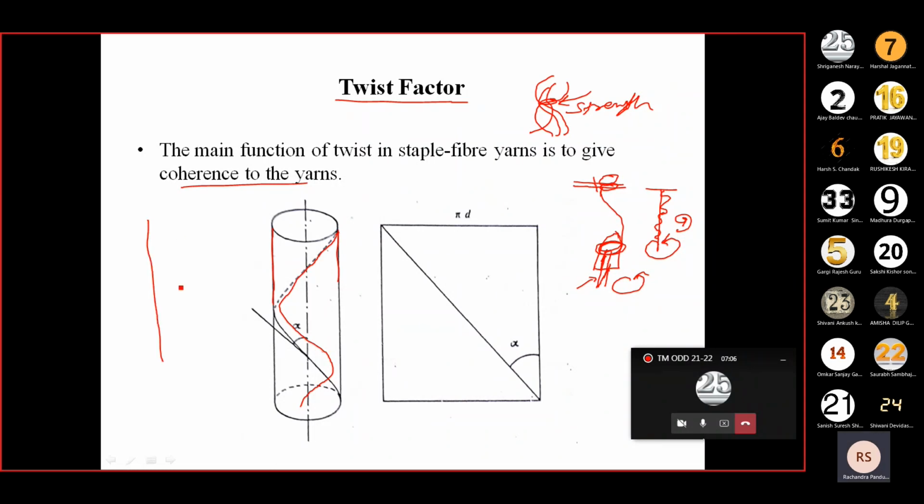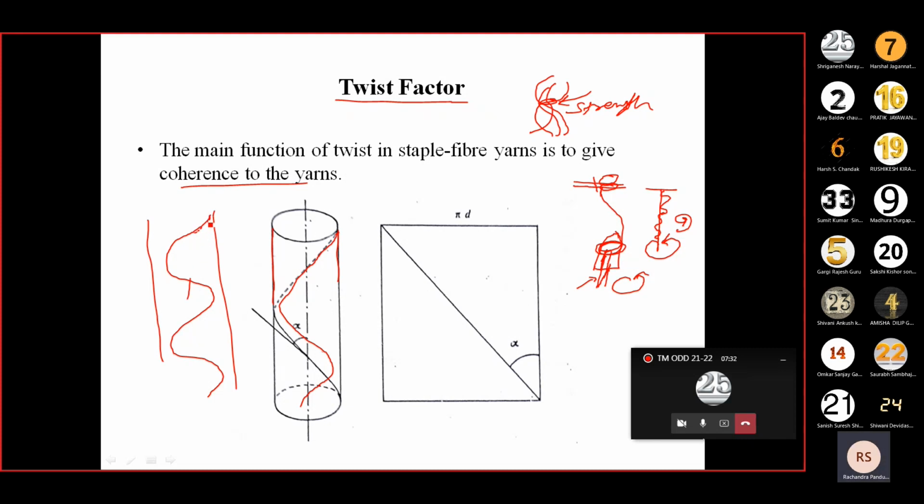Suppose this is a structure of yarn. The fiber is following the helical path. Depending on the tension level on the fiber and the fineness of the fiber, it will get settled down. Suppose this much is the length of the fiber.